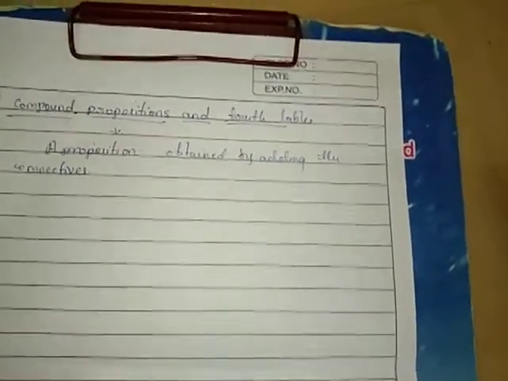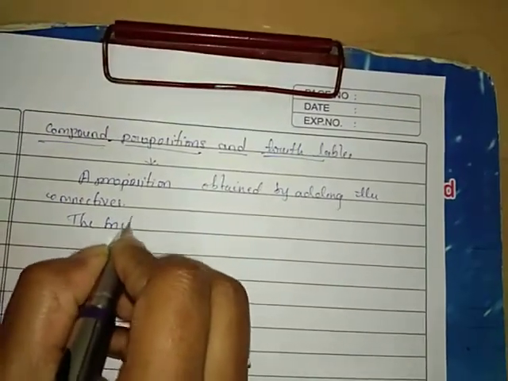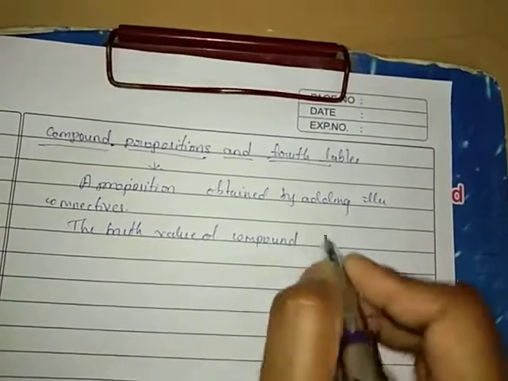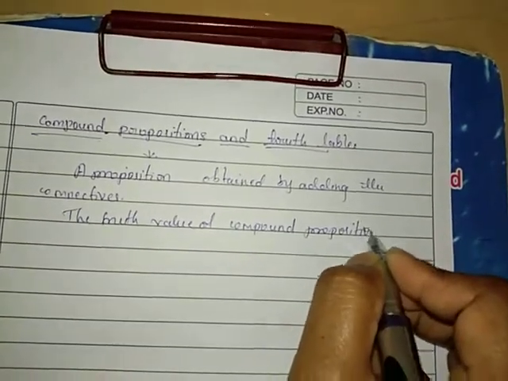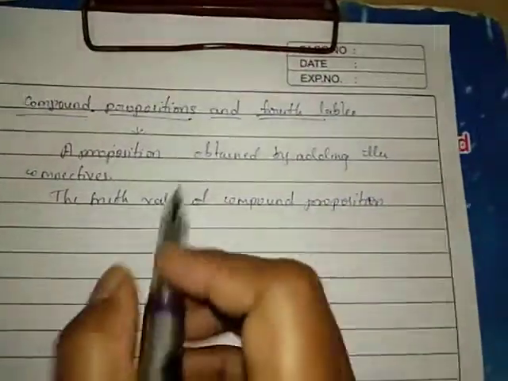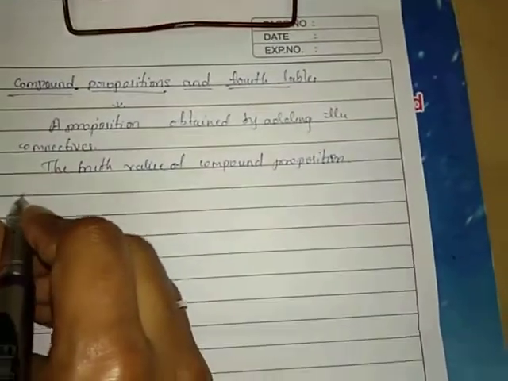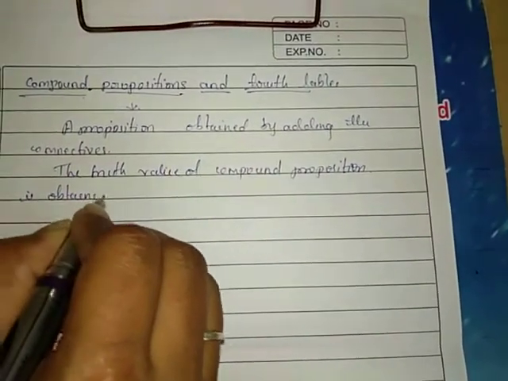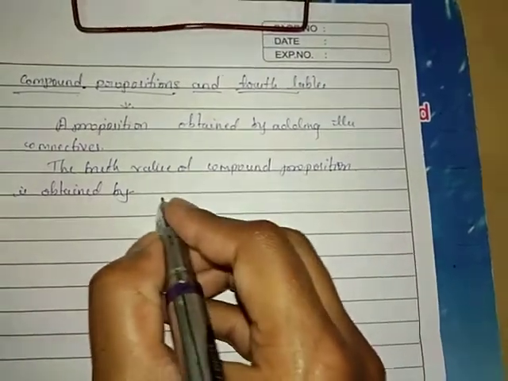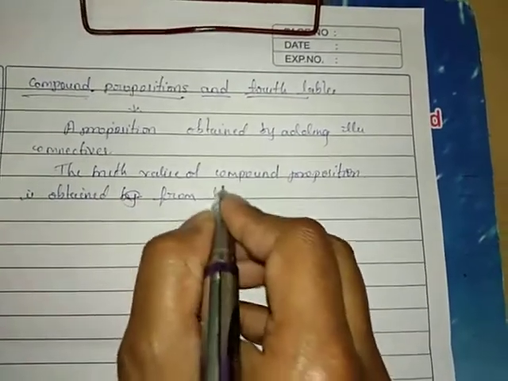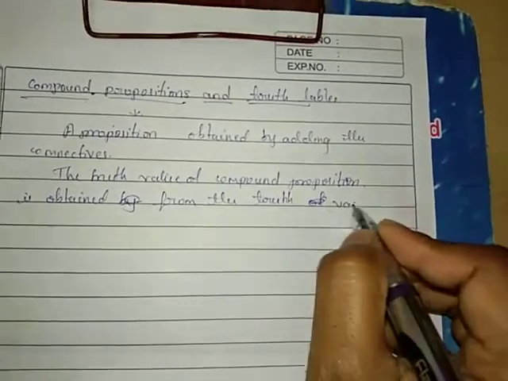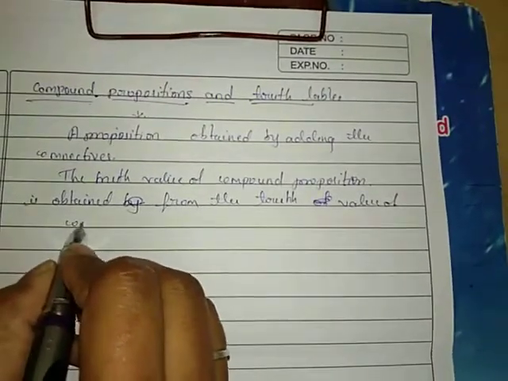So now, the truth value of the compound proposition is obtained from the truth value of its components.